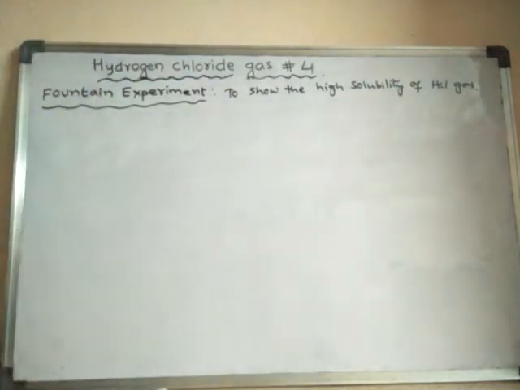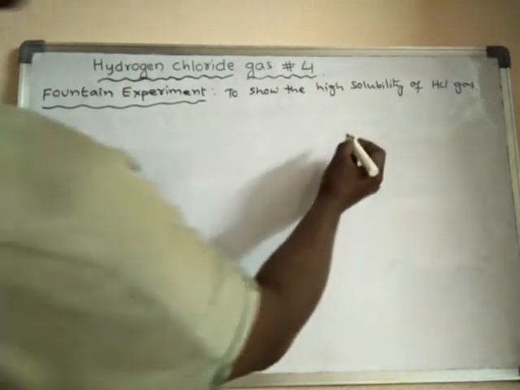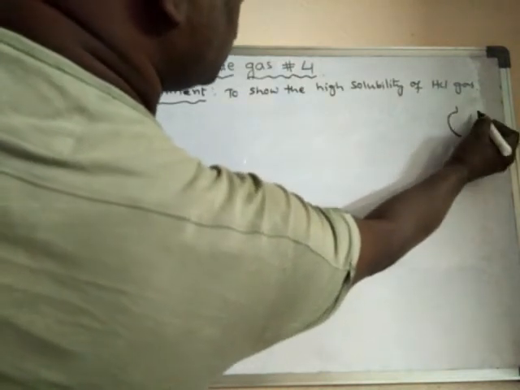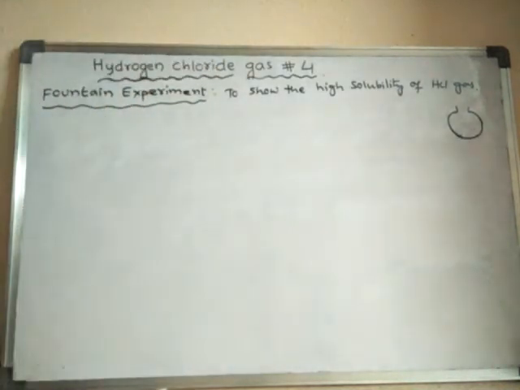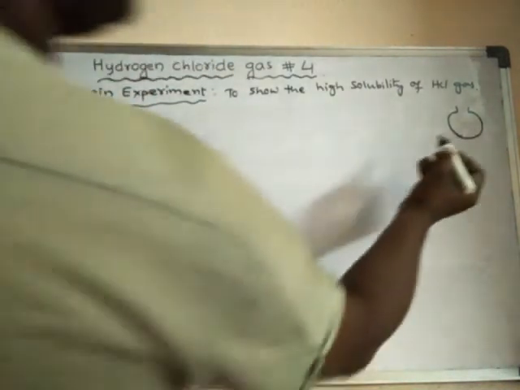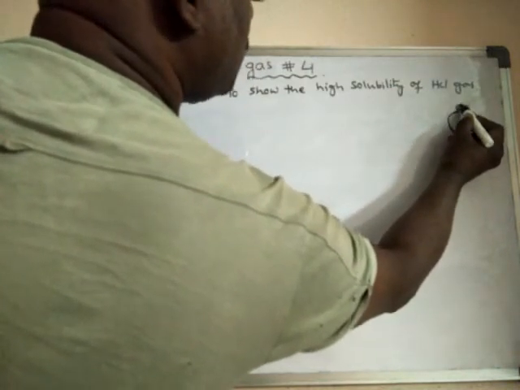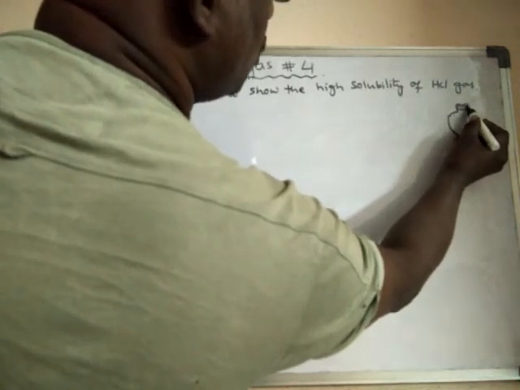See, actually, in this fountain experiment, we use a round bottom flask. It is fitted with a rubber stopper having two holes.